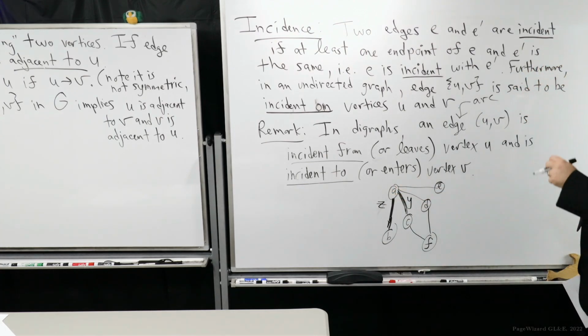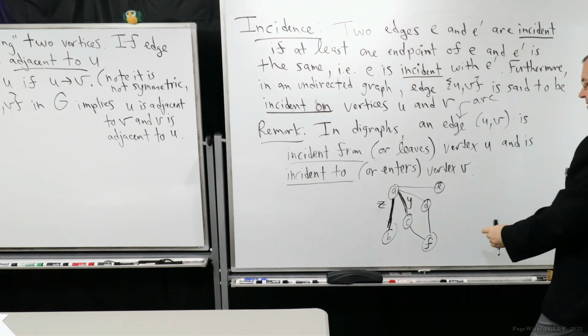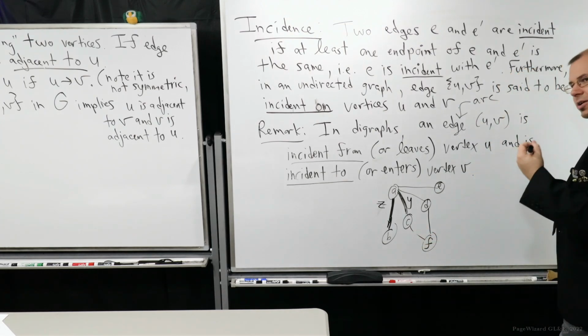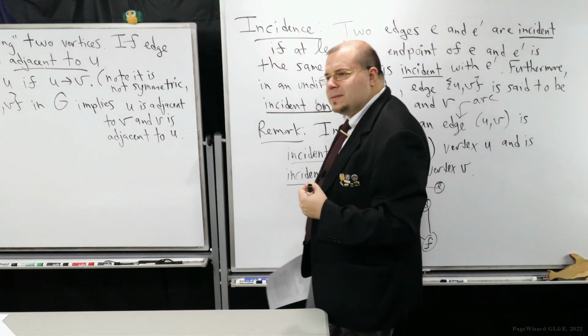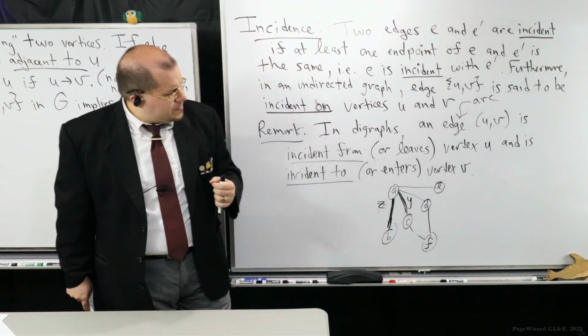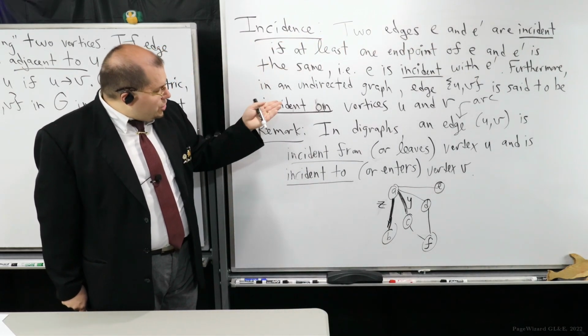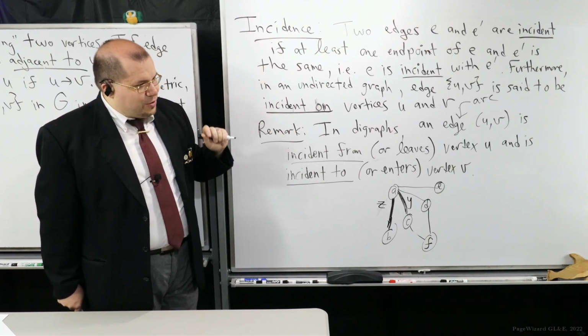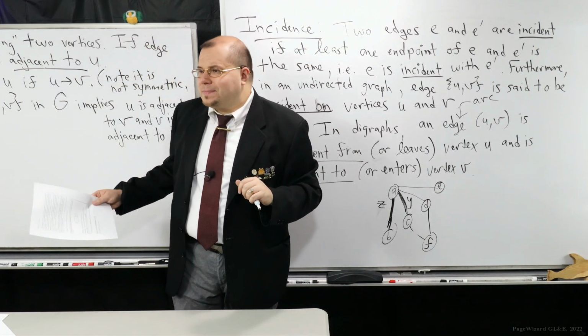But I could not say that Z is incident with this edge over here, because they don't share a common endpoint. I'll let you think about how you would adapt this version for the directed graph.